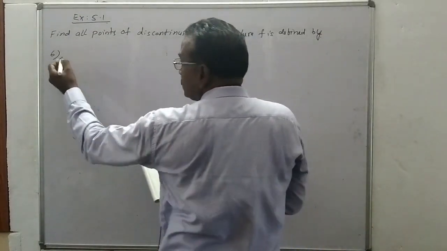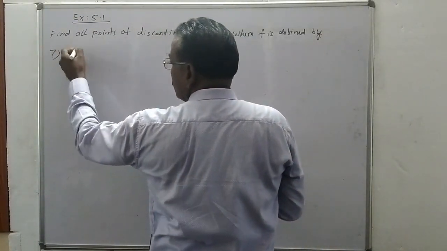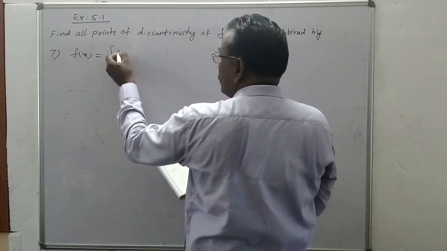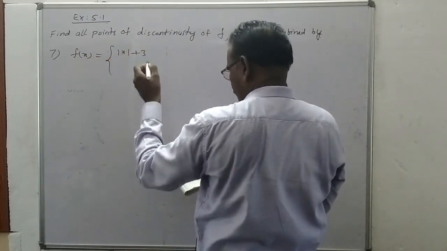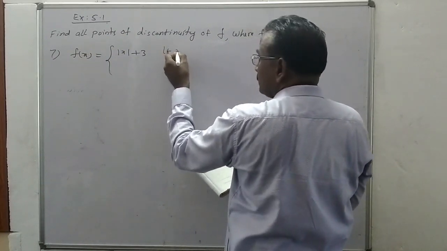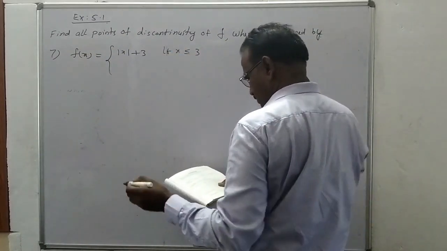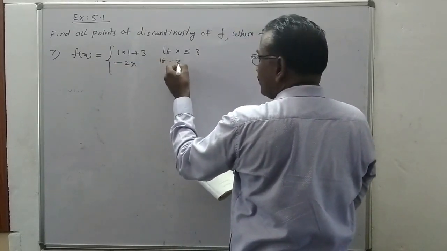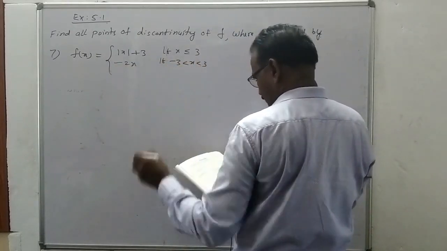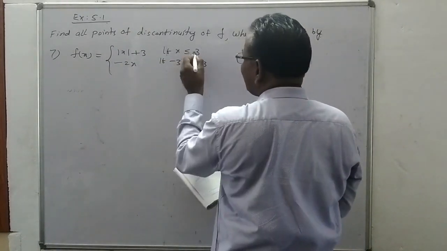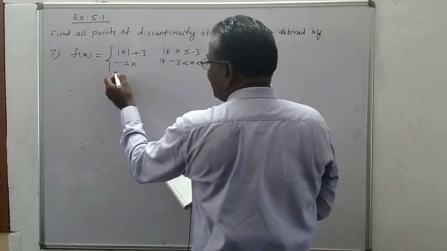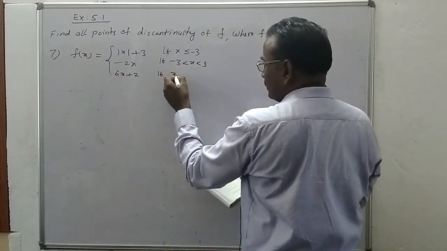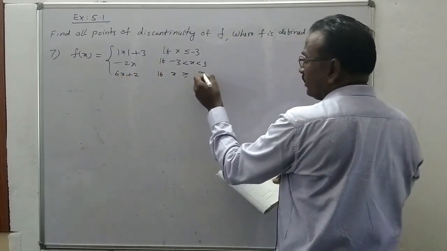F of x is equal to modulus of x plus 3 if x is less than or equal to minus 3, minus 2x if minus 3 is less than x less than 3, and 6x plus 2 if x is greater than or equal to 3.